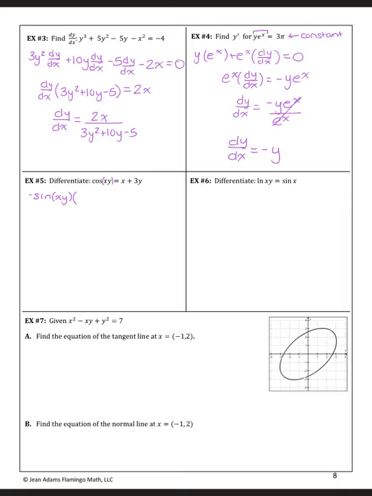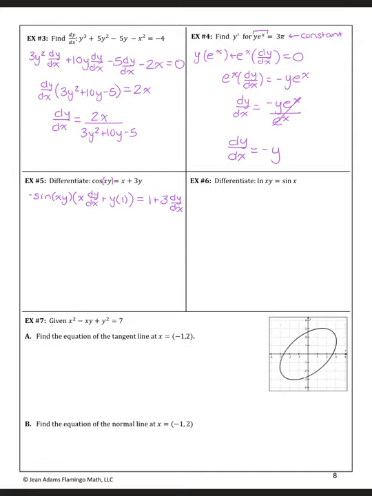Well, the derivative of xy requires product rule. So the first times the derivative of the second plus the second times the derivative of the first. Equals, the derivative of x is 1, the derivative of 3y is 3 dy/dx.